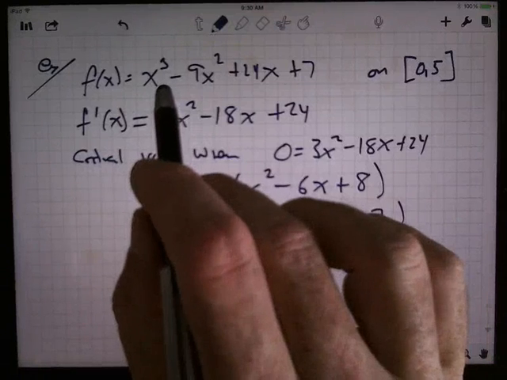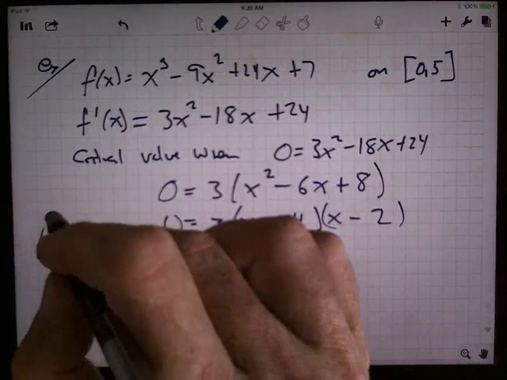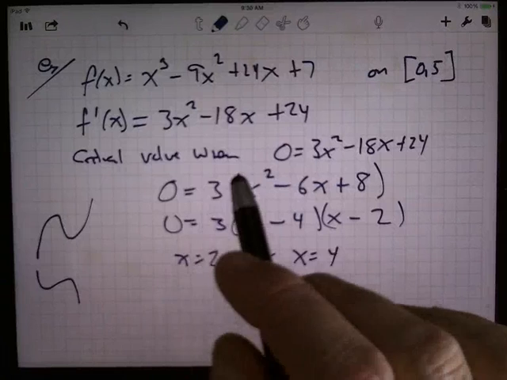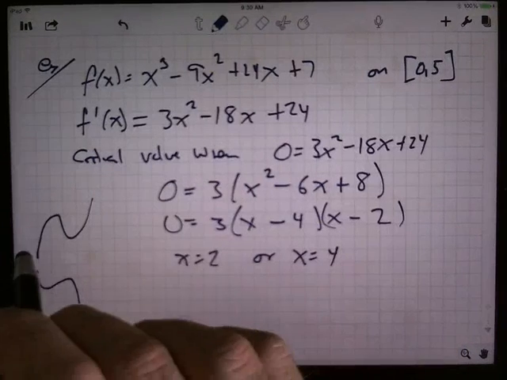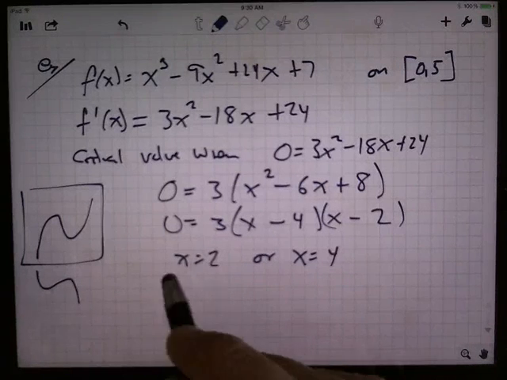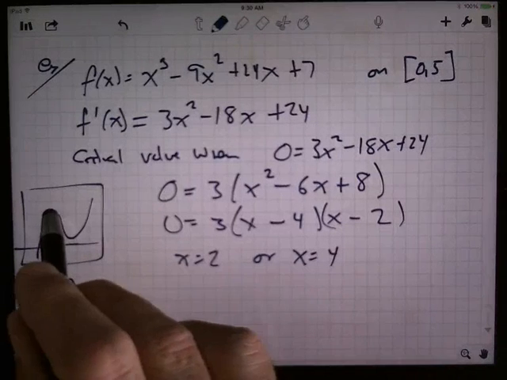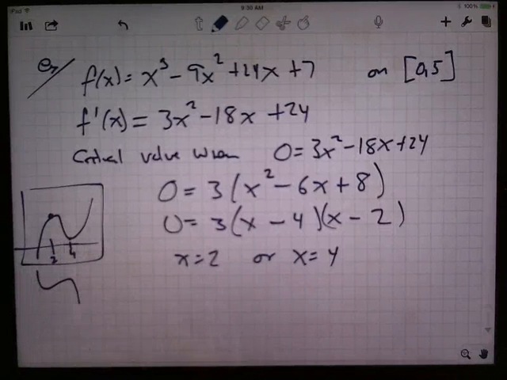This is a cubic polynomial. Do you have any idea what the graph of it looks like? In general, cubic polynomials look either like this or like that. With a positive coefficient in front of the x cubed, it looks like this. So just from that knowledge already, with x equals 2 and x equals 4, I'm thinking, well, the 2 must be the local maximum, and the 4 must be the local minimum.